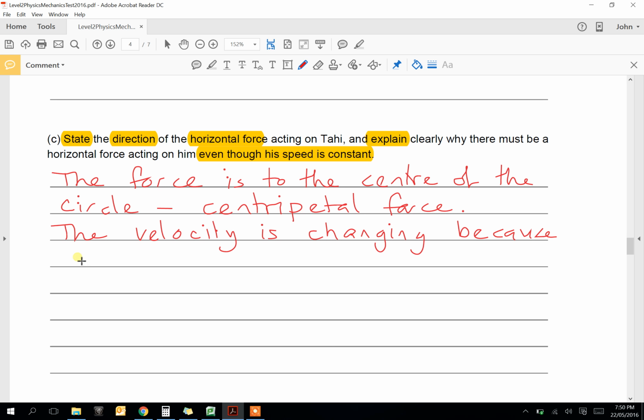Because the direction is changing, even though speed is constant. Okay, so we've got to remember that bit with circular motion, that the velocity is changing because the direction is changing.